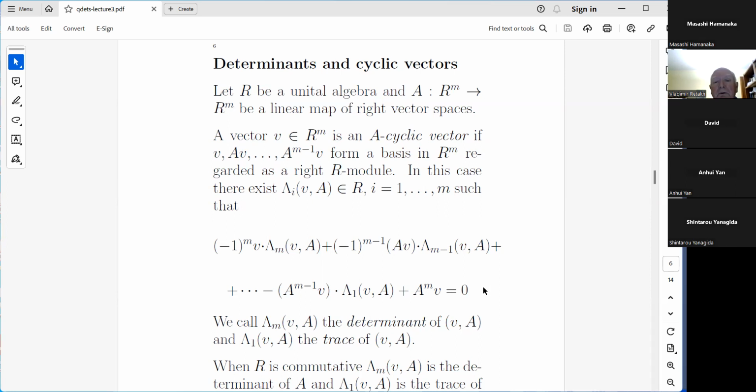I will denote those coefficients by lambda_i, depending on v and A, and there are m such coefficients.